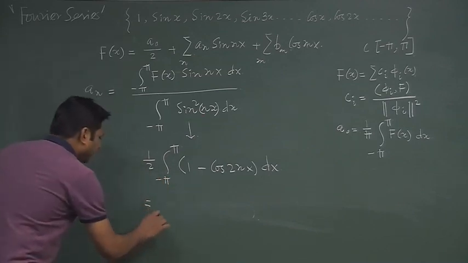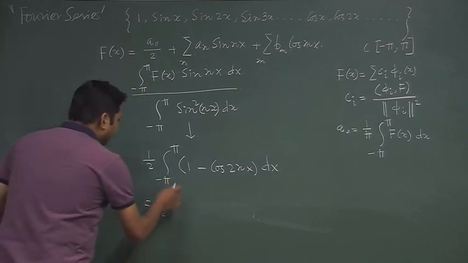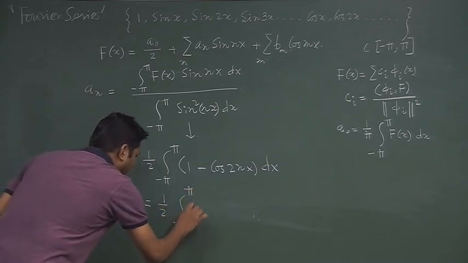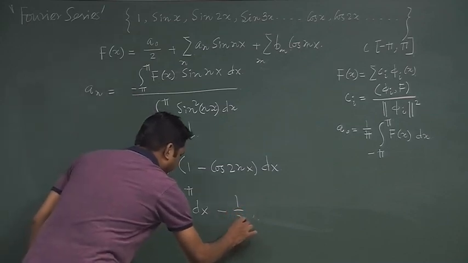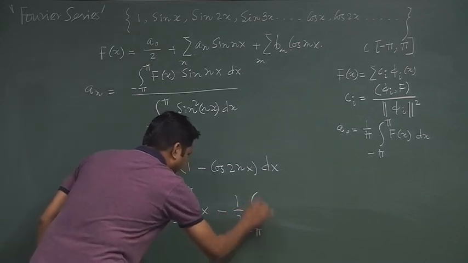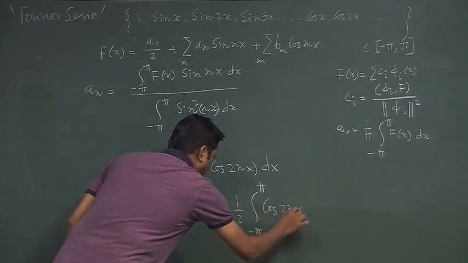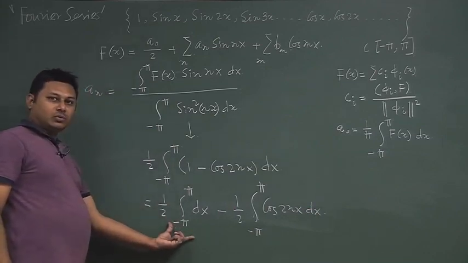So now if I do the integration, it will be half, let me do that meticulously, minus half integration from minus pi to pi of cos 2nx dx.